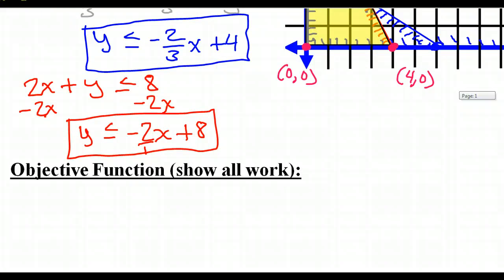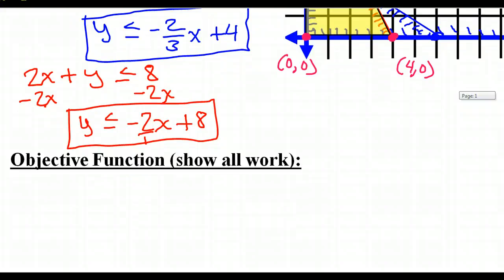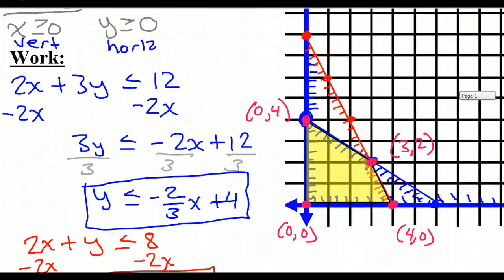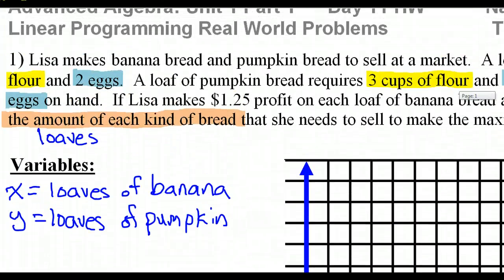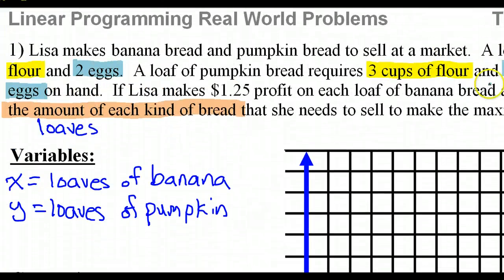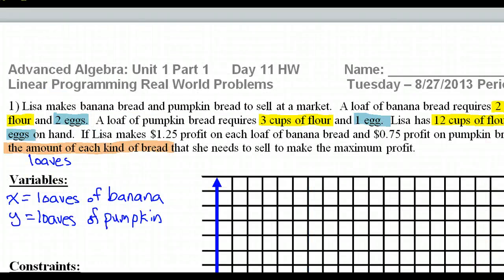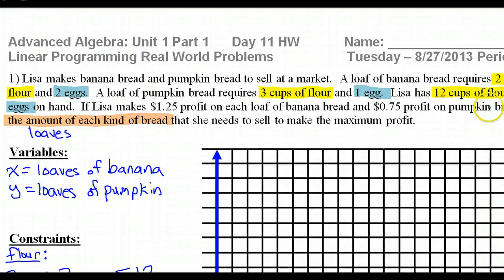Now, we need to create the objective function. So let's look back. Now, all this business about objective function, these words that you're throwing at me, vocabulary. Please understand that when we talk about an objective function, we're talking about it in this context. What is our objective?